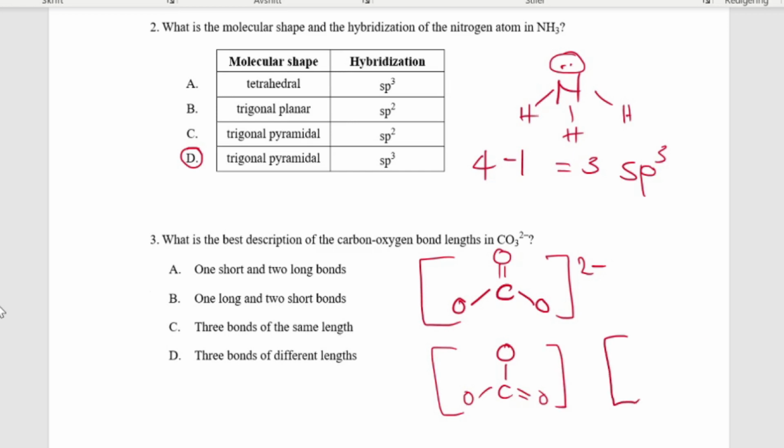and so all oxygens can form this double bond.